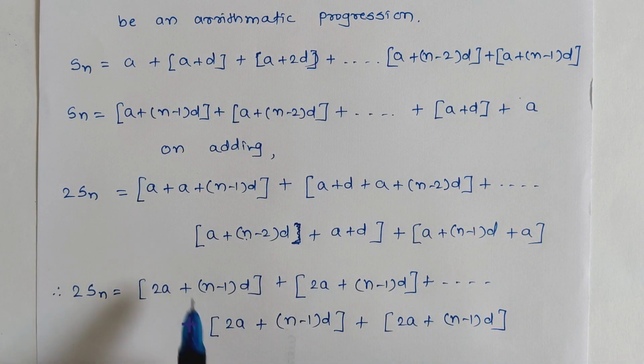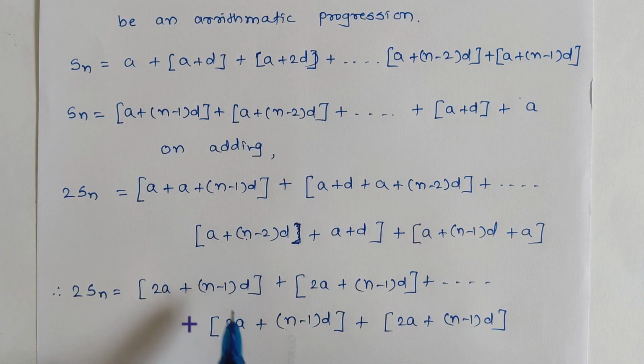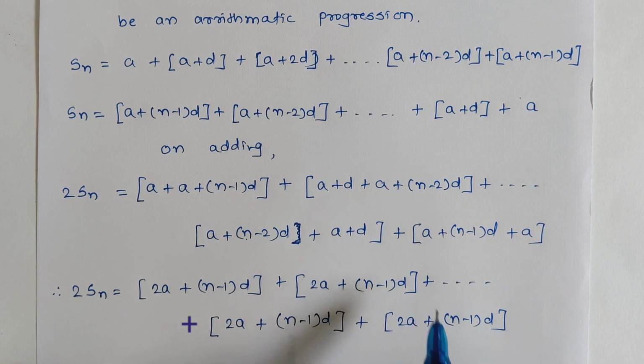So on the right hand side we have 2a plus n minus 1 into d, n times.